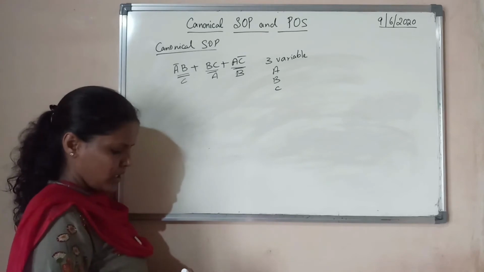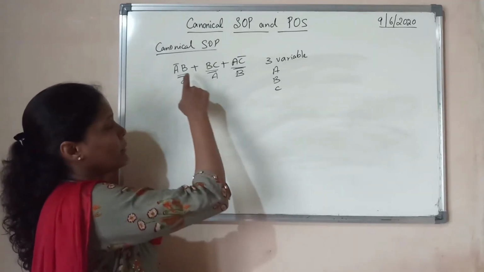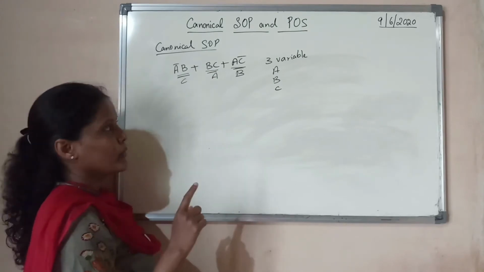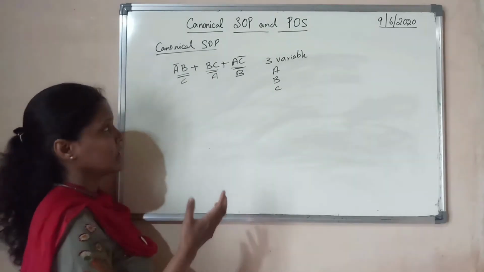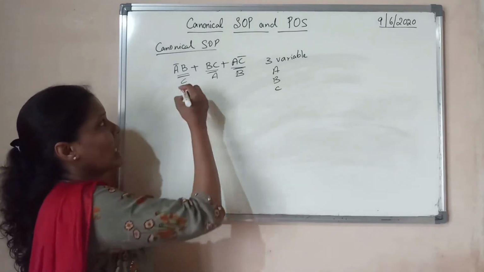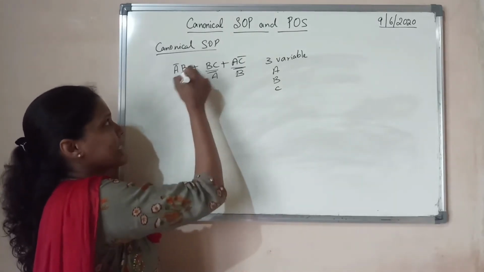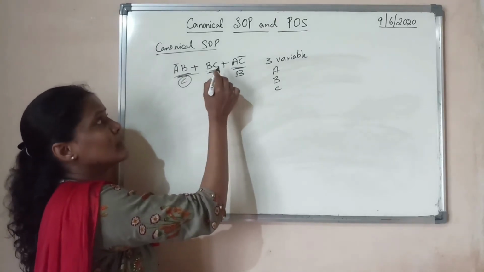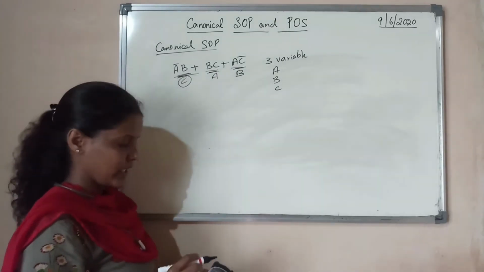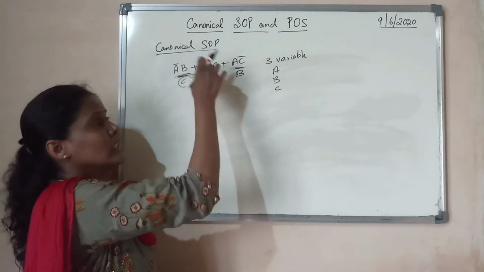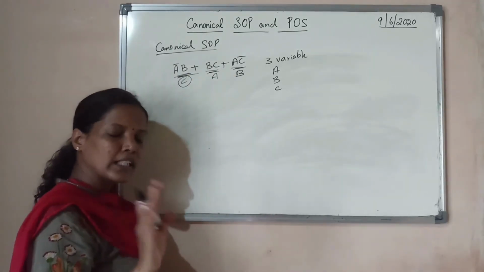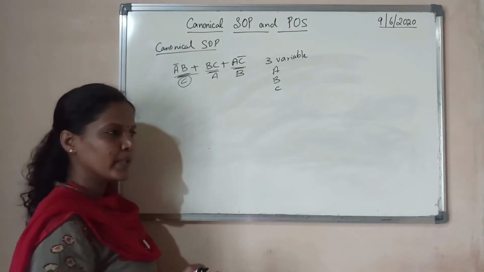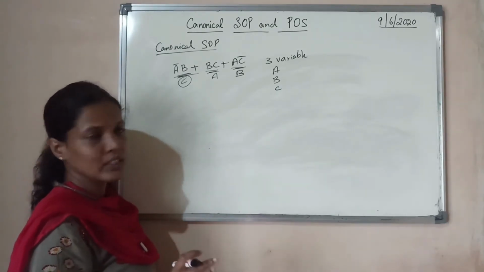So in order to bring this expression into the canonical SOP, what we have to do is alter these terms in such a way that each term contains all the input variables. If I convert so that all terms contain all input variables, that itself will be called the canonical SOP expression or simply the canonical expression.